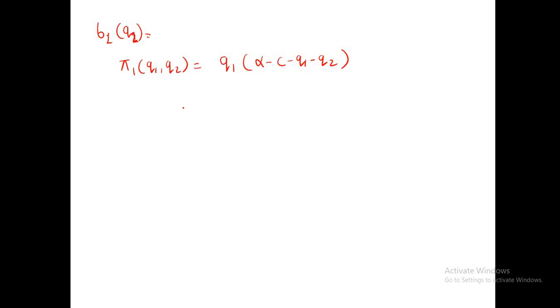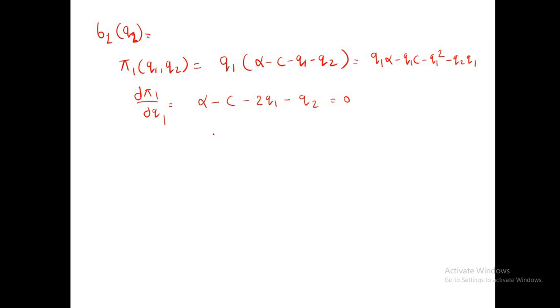Now we will maximize it, and we take the derivative of pi 1 with respect to Q1. First I open this bracket, so we will get Q1 alpha minus Q1 C minus Q1 square minus Q2 Q1. And we take the derivative of it with respect to Q1. We will get alpha minus C minus 2Q1 minus Q2, and we equate it to 0.